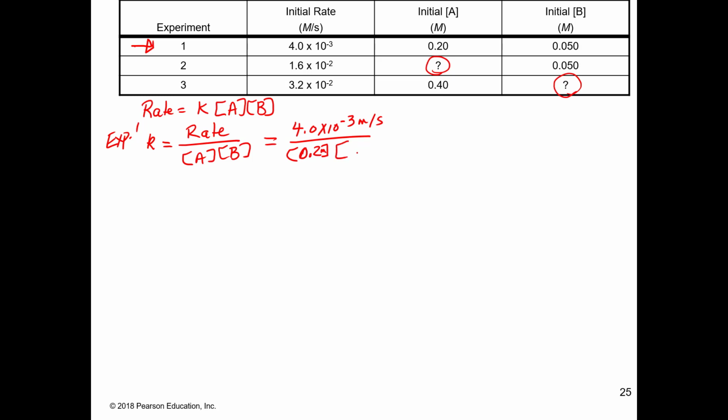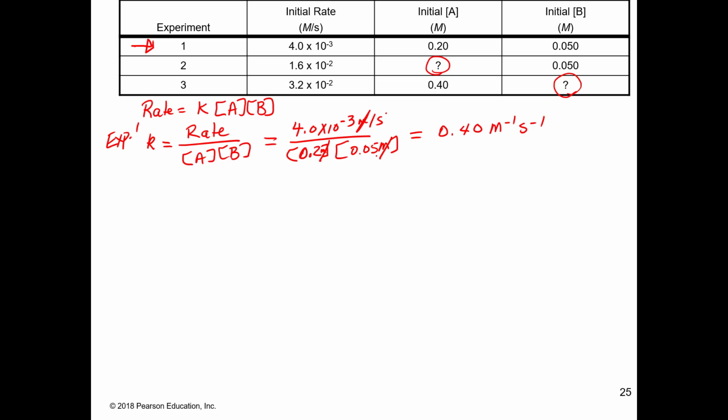And then 0.05 molar for B. And so I can plug that in. And when I do that, I'm going to get 0.40 molar^-1 second^-1, because I've got a 1 molar there, 1 molar there, 1 molar there, so I have 1 left over. And then I have the second, which is per second, so it's down here, right?